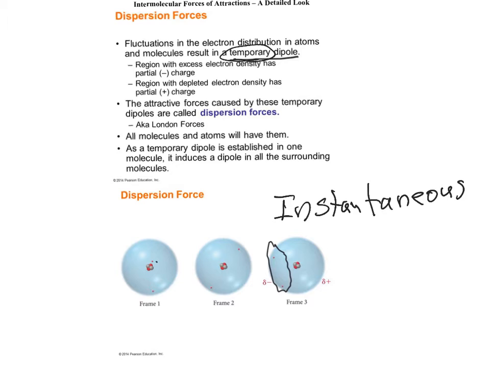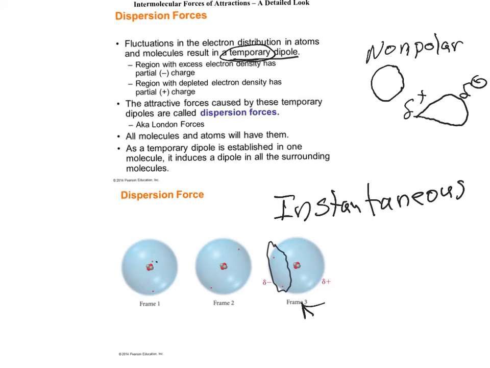Another way to draw this is to think of a nonpolar molecule. If this is a nonpolar molecule, there is no permanent dipole, so the electrons are buzzing around, and maybe in one moment you'll check the electrons and they are distributed on one side of the molecule. That would be the case that we're showing here down at the bottom in frame 3. And then another time, maybe you'll check it, and it's like that.